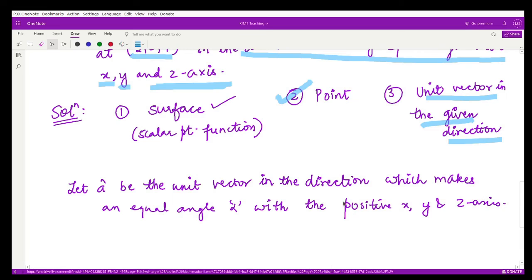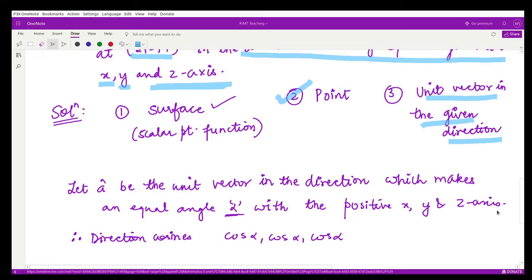So what would be that? If I have assumed this angle to be alpha, in that case our direction cosines would be cos alpha with x-axis, cos alpha with y-axis and cos alpha with z-axis, because they are making equal angle. Therefore, the direction cosines would be cos alpha and cos alpha.